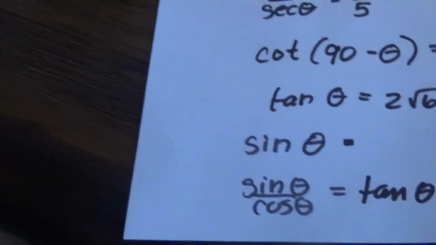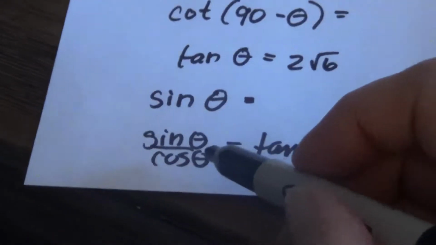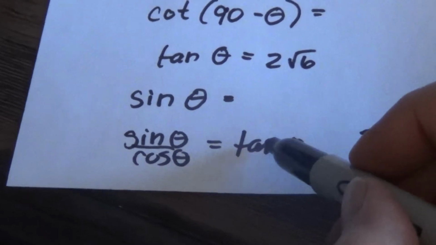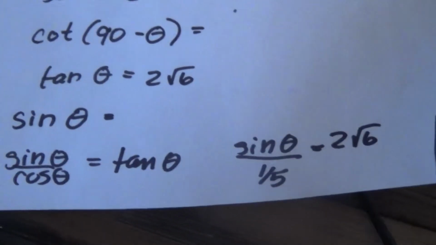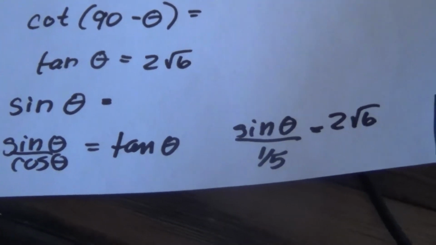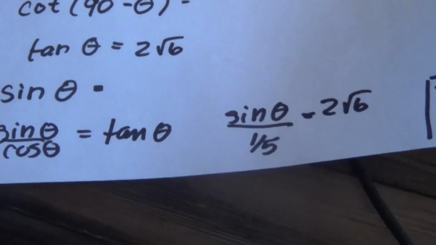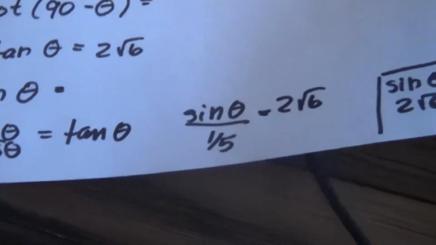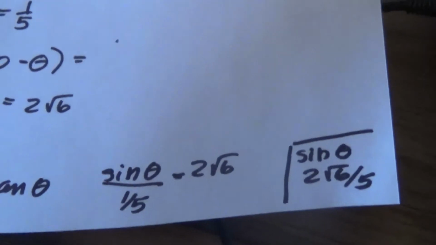Now, on that expression, I know cosine, and I know tangent, and that will allow me to find the sine. So over here, I put in those values given from above, and now I just solve that for sine of theta by multiplying both sides by 1/5. Sine of theta is 2 square roots of 6 over 5.